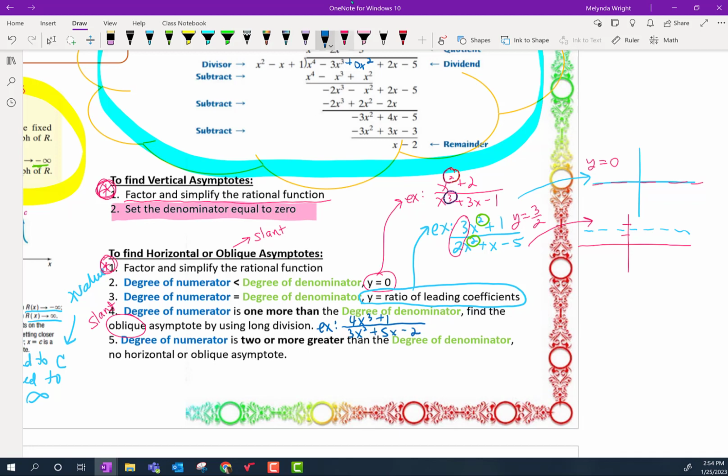Okay, so let's focus to see we've got a 3 here and a 2 there. The 3 is 1 bigger than the 2. 1 bigger, so that means we have a slant asymptote.